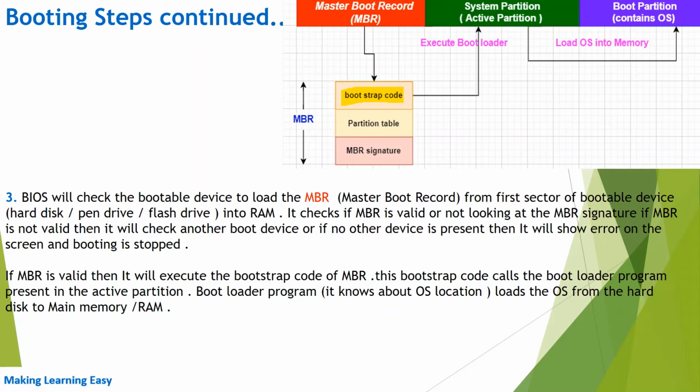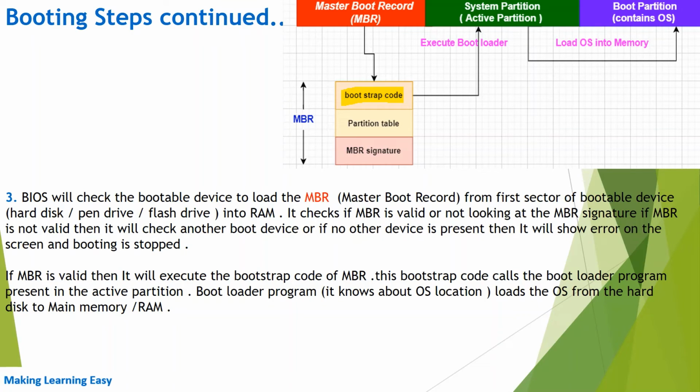So if this MBR signature is not valid, BIOS will not continue the booting process with this hard disk, with this bootable device. In that case, BIOS will check another bootable device if present any. With the other boot device, BIOS will repeat the same checks.